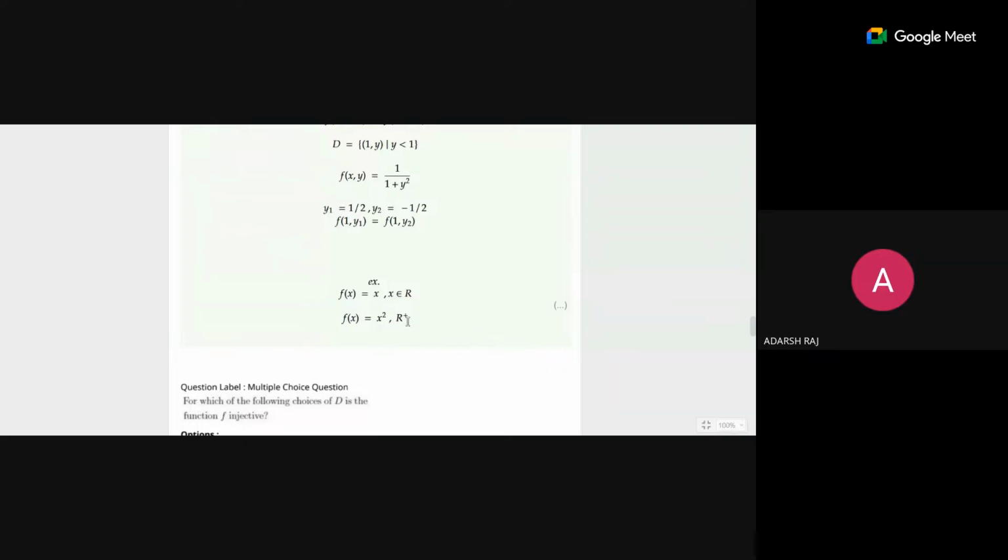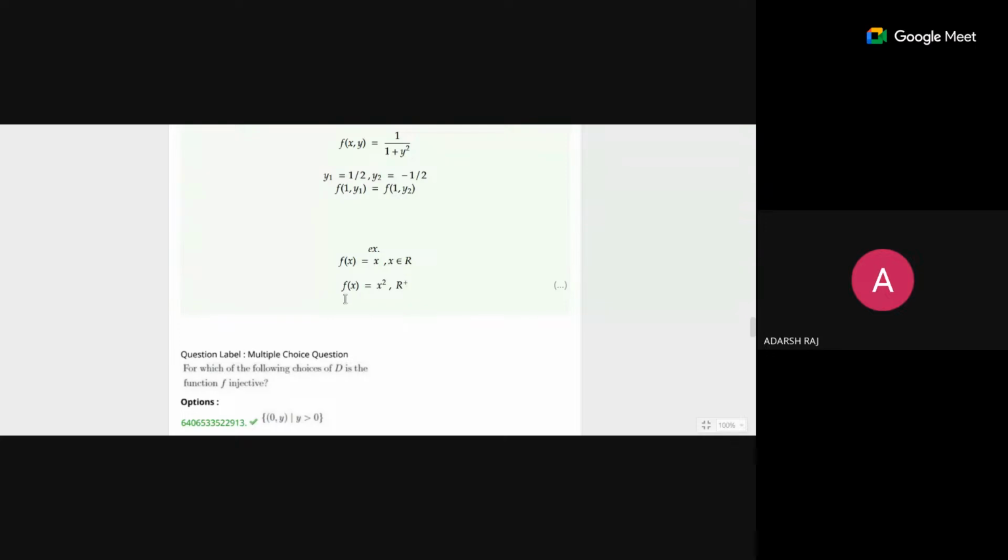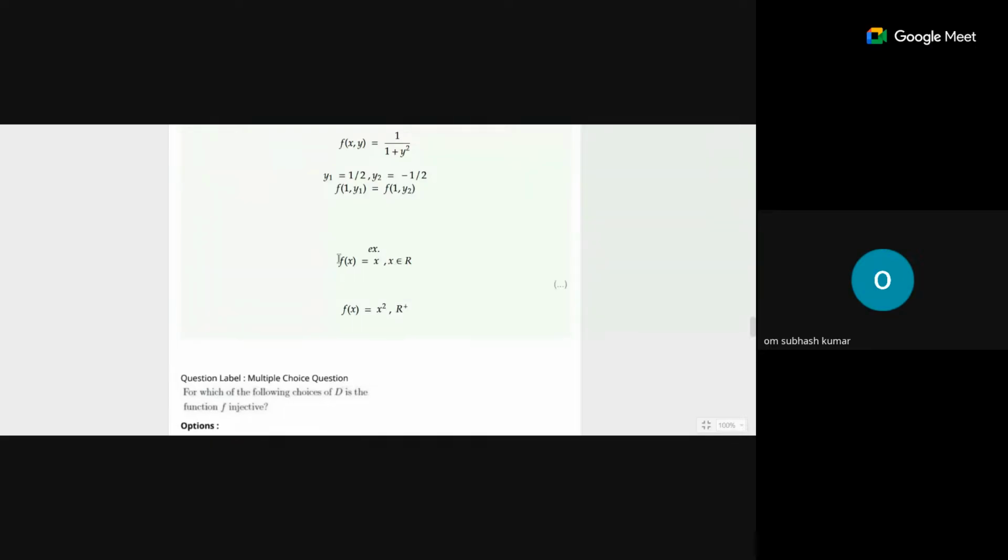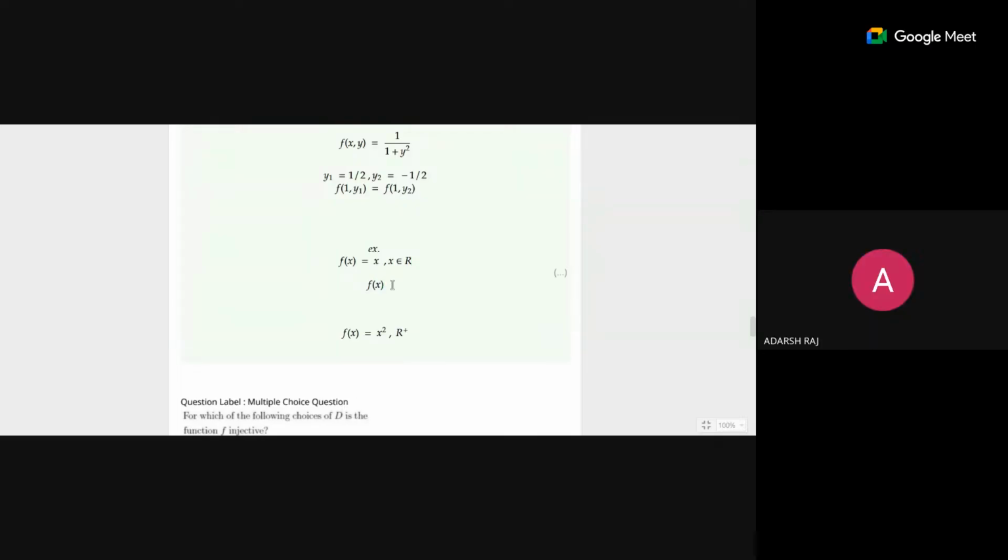Can you explain with the first example, f(x) equals x?